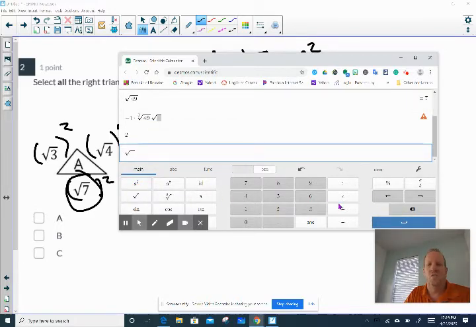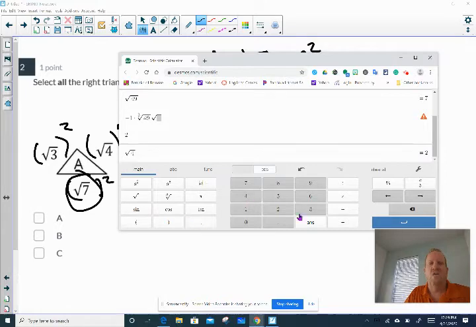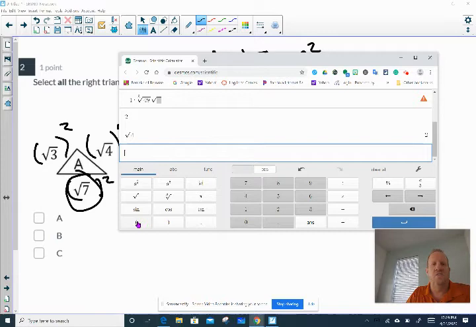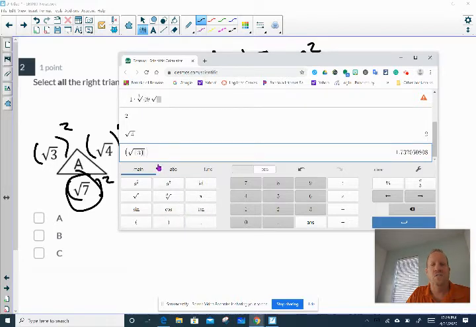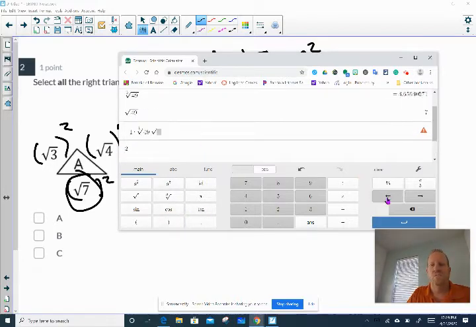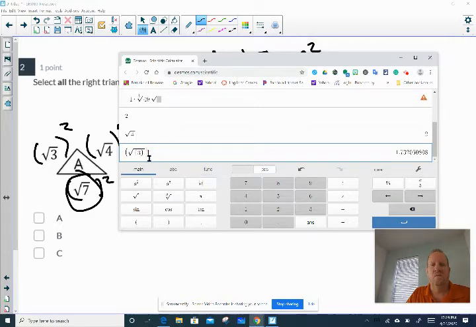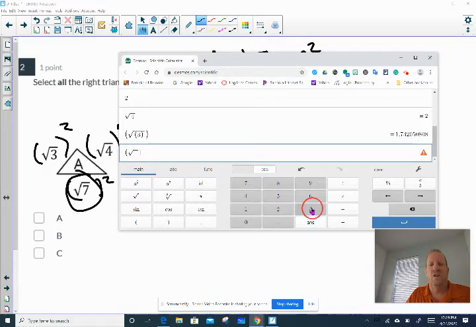We want the square root of 3. Oh, I knew there was parentheses. Oh my goodness, so much easier. So we're going to use parentheses. Square root, parentheses, square root, 3, parentheses, whoops. Square root of 3.